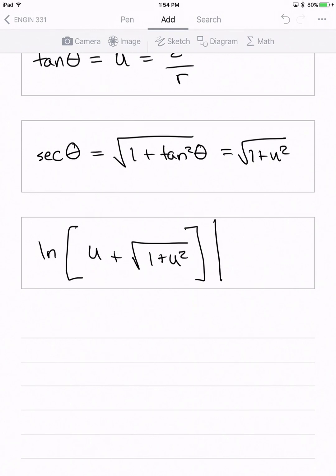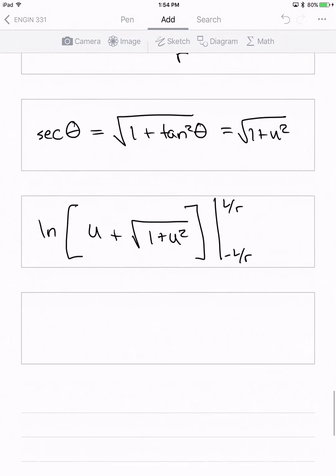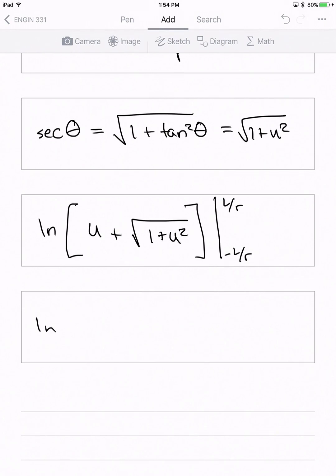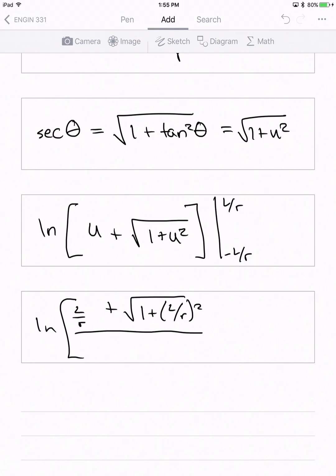And we're going to evaluate that from minus L over R to L over R. When we do that, we end up with ln of L over R plus the square root of 1 plus L over R squared, divided by minus L over R plus the square root of 1 plus L over R squared.